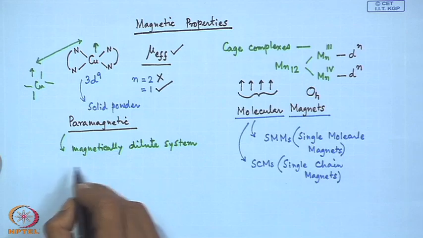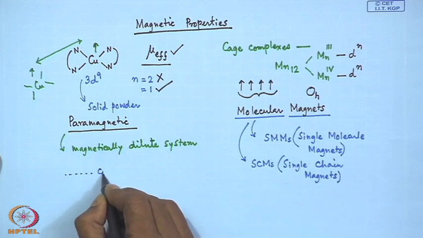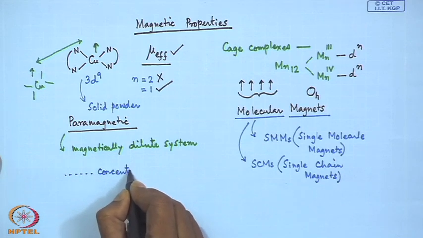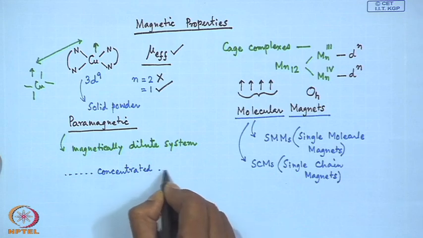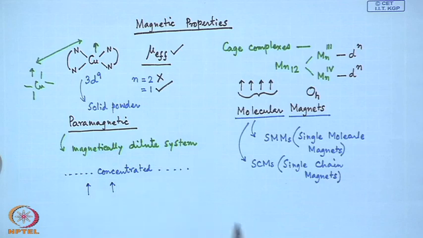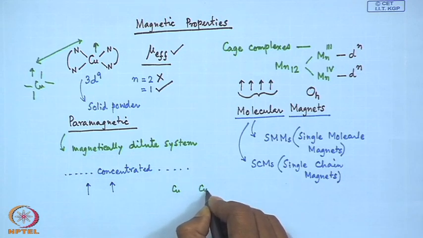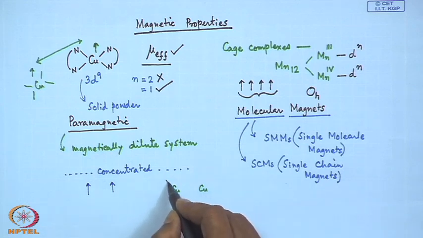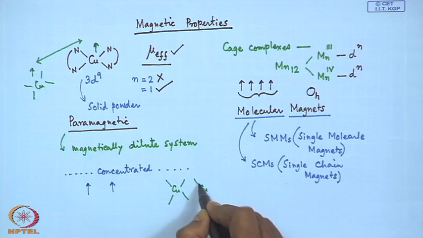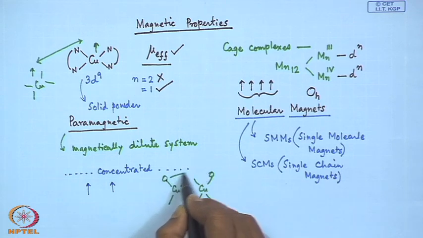But when we have a magnetically concentrated system, then we can have two individual centers. What we know is that we can have this for simple copper acetate. In the case of copper acetate, which is basically a dimer, it is basically connected like this.